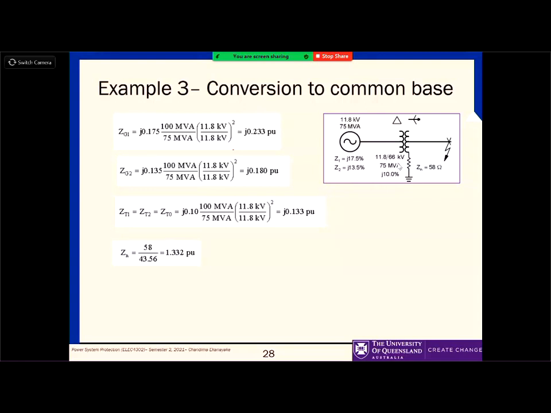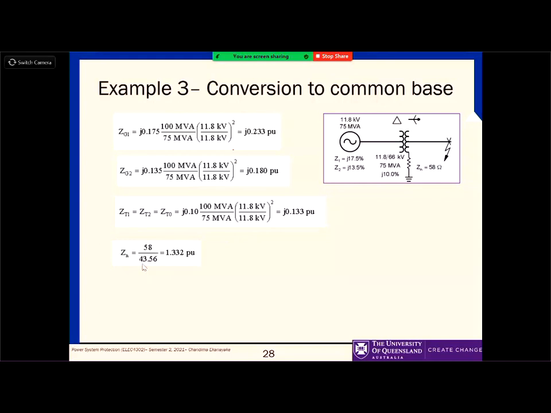Okay, the next is calculating the Zn. Now Zn is connected to the Y side of the transformer. Therefore, you need to consider the Y side base quantities.